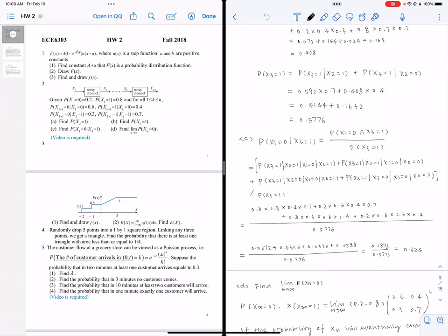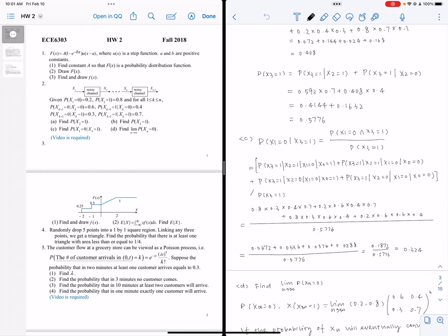By the properties of conditional probability, it is the joint probability of the two scenarios divided by the probability of the given scenario.